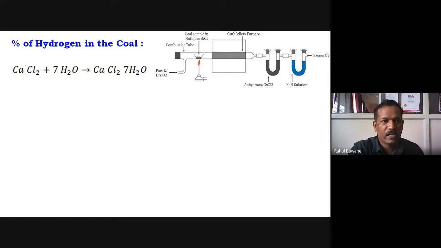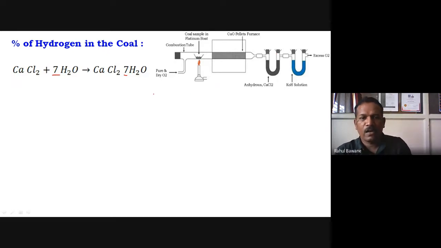So calcium chloride CaCl2 plus H2O is going to form CaCl2 7 times H2O. After balancing, we come to know that 7 H2O is required, so it becomes 7 times H2O. So whatever water vapors H2O is formed is completely absorbed by that U-tube, that is CaCl2.